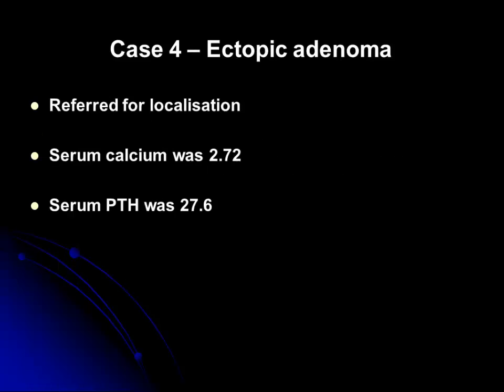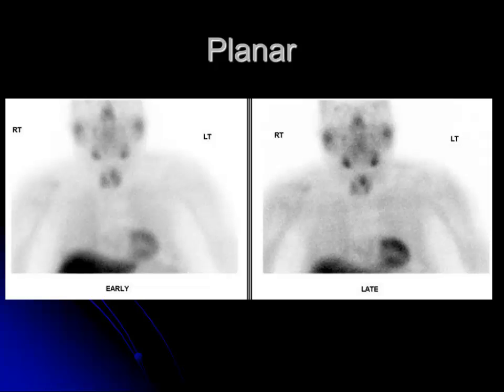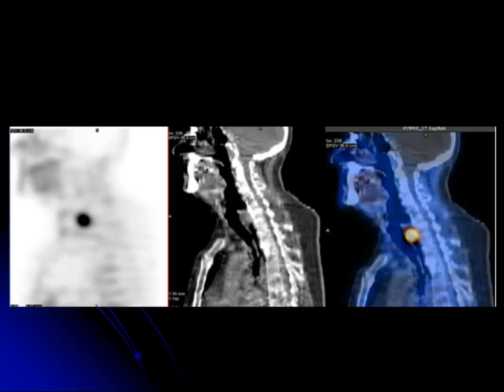Ectopic adenoma, referred for localization, calcium raised, parathyroid hormone raised. Again, it shows heterogeneity with slight uptake in the isthmus, and on delay some retention in the thyroid, with slightly more retention in the midline, probably in the isthmic region.